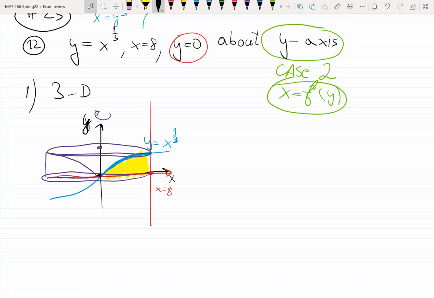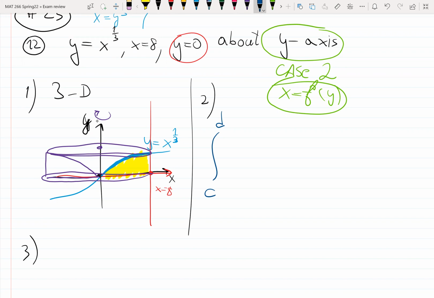Choose your case. Step 2. We chose case 2 because it's rotation about the y-axis. Done. Step 3, find points of intersection. So when you chose the case, now you can sketch the shape of the integral. It will be an integral from c to d, right?